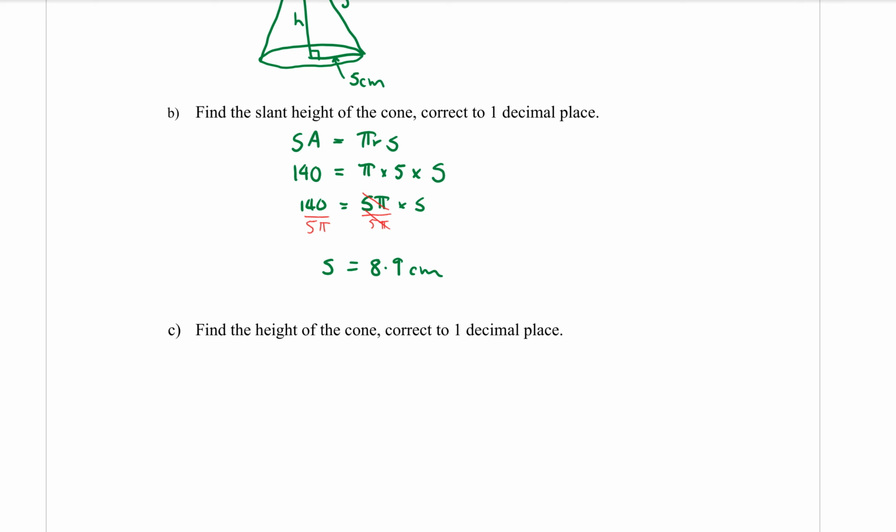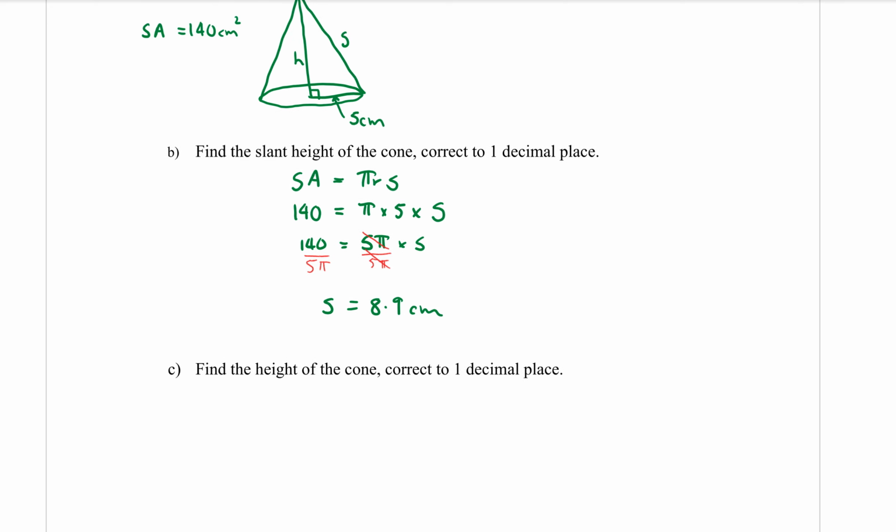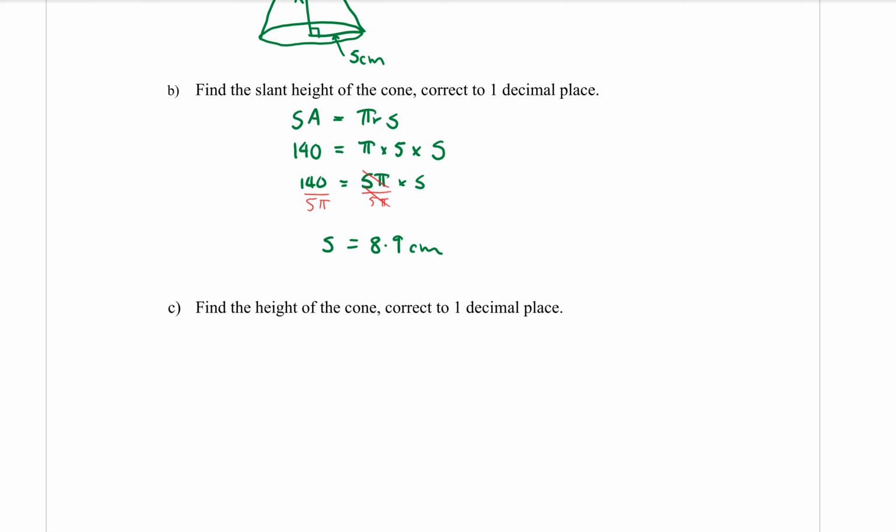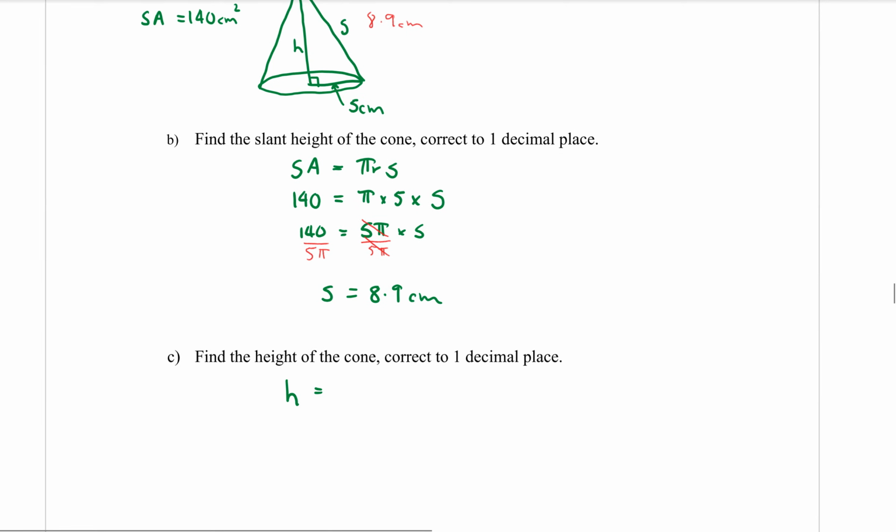So from my diagram there, if I now know that this one over here is 8.9 centimeters, how am I going to find that perpendicular height? Pythagoras. Okay, so little h, which is, yep, because it is the height. However, it's not the hypotenuse. Does that confuse anybody? I'm calling it h because it's the height here, but it is not the hypotenuse of the thing that I'm doing Pythagoras Theorem on.